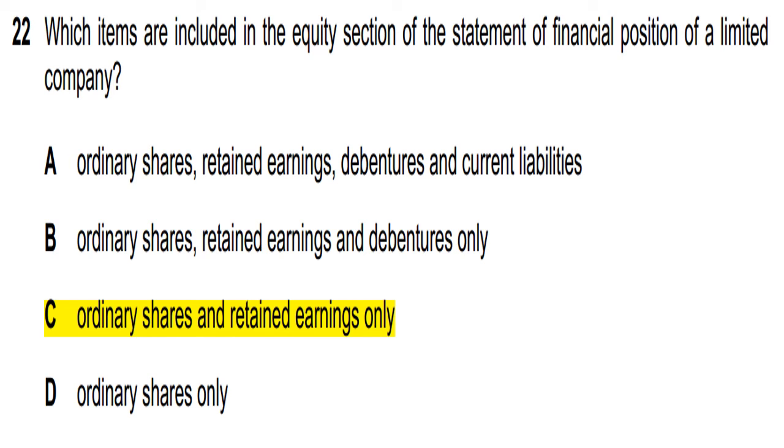B option, ordinary shares, retained earnings, and debentures are not included in the equity section. And D, ordinary shares only. So ordinary shares are part of the equity section, but ordinary shares and retained earnings are also part of the company's equity. So C option is the best option for this question.